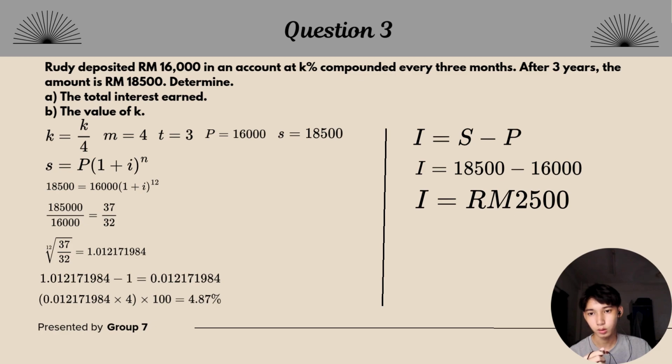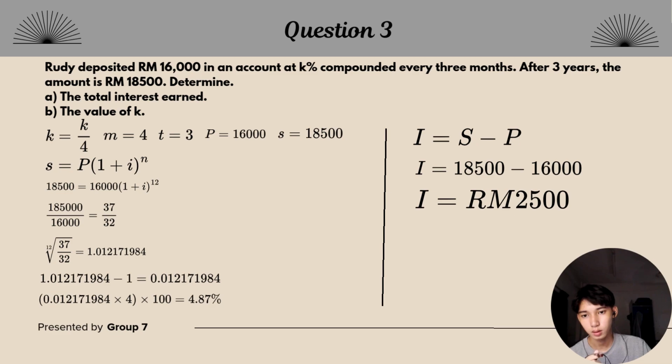So if we put it together, it will be 18,500 equals 16,000(1 + i)^12. After that, we will move the 16,000 to the left, so it will be 18,500 divided by 16,000.